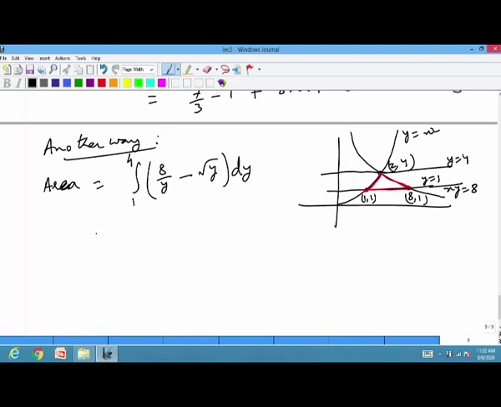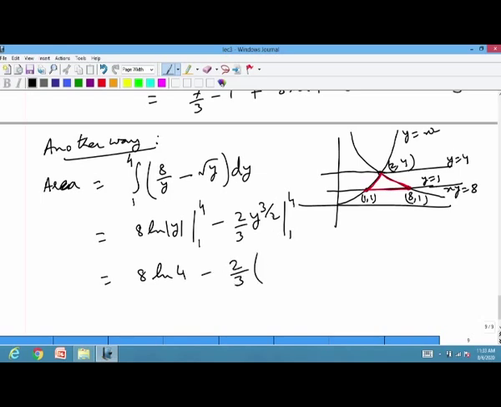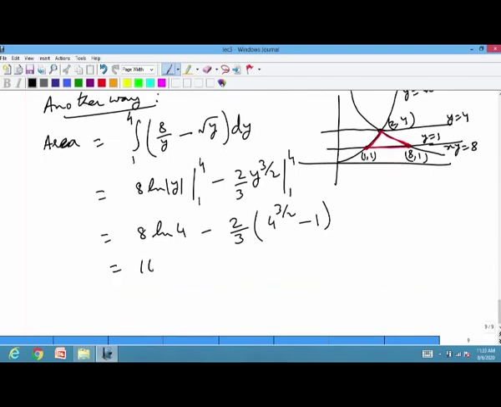So, this is equal to 8 log y from 1 to 4 minus y to the 3 by 2 by 3 by 2, from 1 to 4, which is equal to 8 log 4 minus 2 by 3 times 4 to the 3 by 2 minus 1, which is equal to 16 log 2 minus 2 by 3. 4 is 2 square.